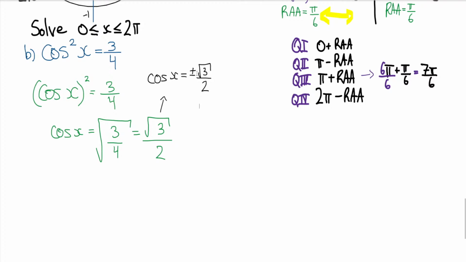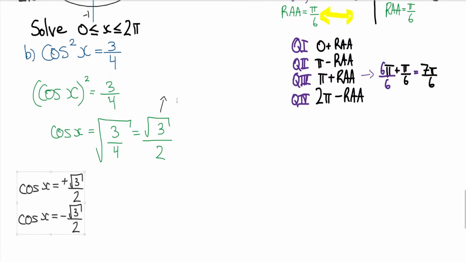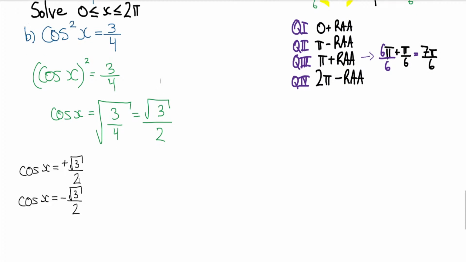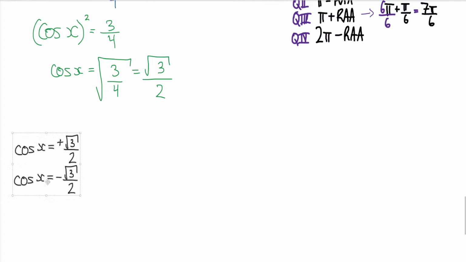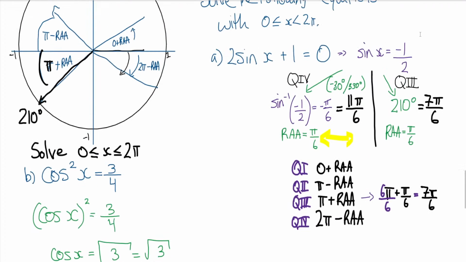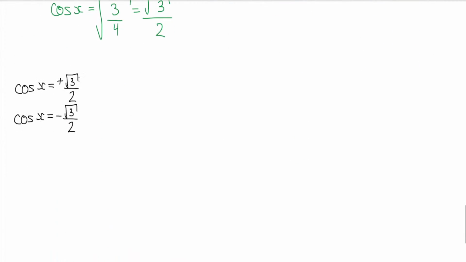So we're going to have two different routes to go here. We're going to do both the positive and the negative. Each of those is going to give us 2 like this one did, so we're actually going to get 4 answers here.